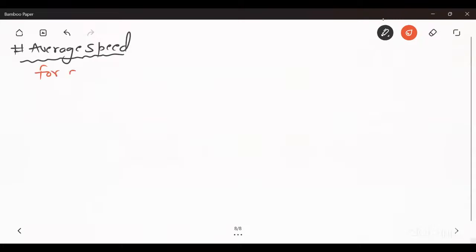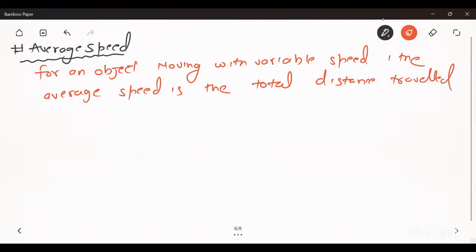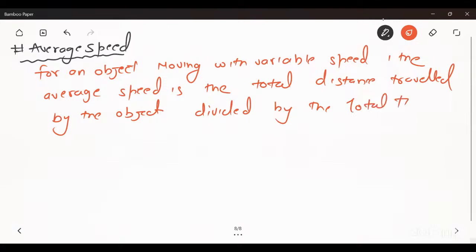So for an object moving with variable speed, the average speed is the total distance traveled by the object divided by the total time taken.